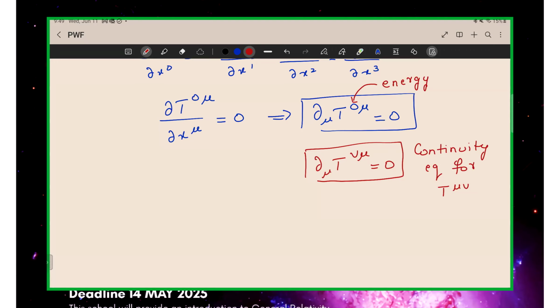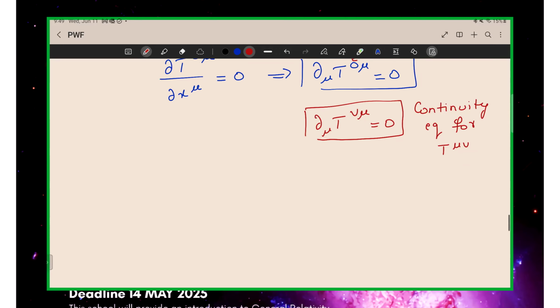So the thing is that, as you pointed out, this equation is true only if you have flat spacetime. Well, I'm pretty sure you know about local inertial frames, which means that at any given point, you can always choose a metric that is flat and has first derivatives equal to 0. And in that particular coordinate system, this equation is true, but it's not true in general coordinate systems.